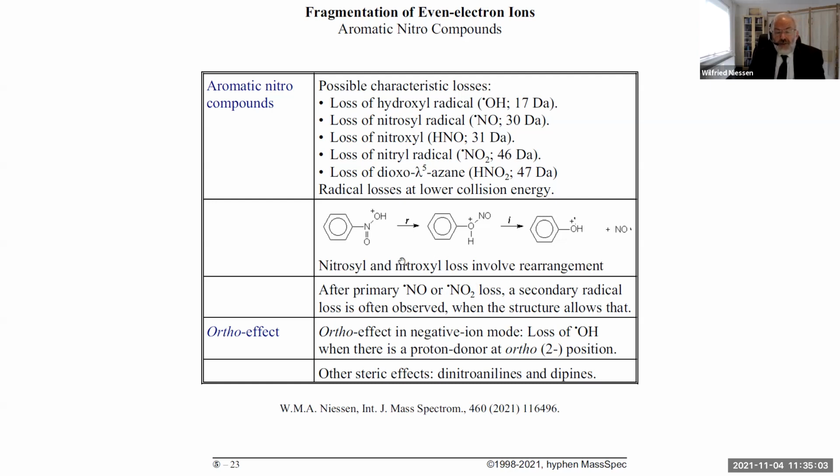If your molecule supports a primary NO dot or NO2 dot loss, quite often you see a secondary radical loss. I've seen quite a series of compounds where there are both nitro groups and halogens. So then you see NO dot loss or NO2 dot loss followed by the loss of the Cl dot, for instance.